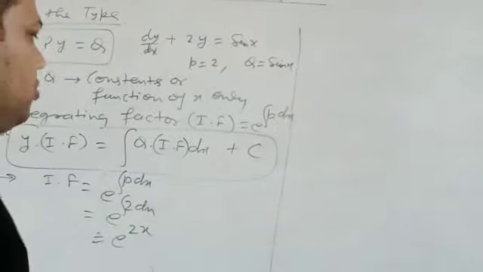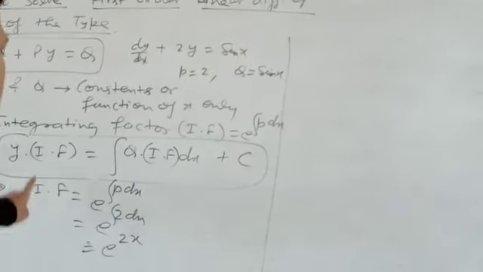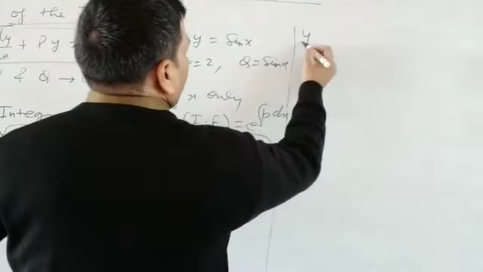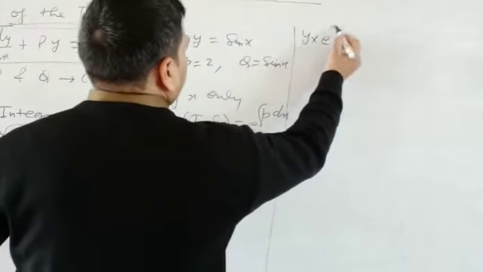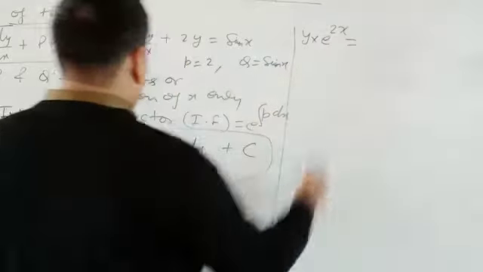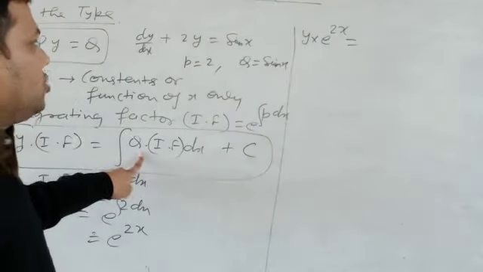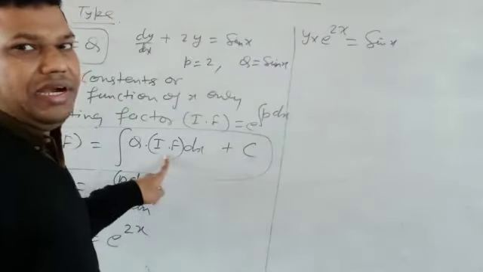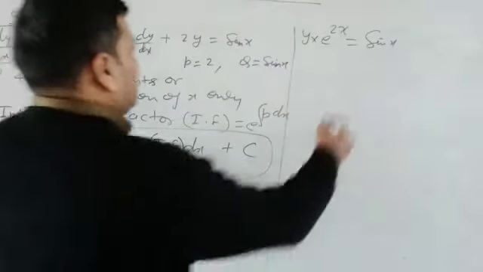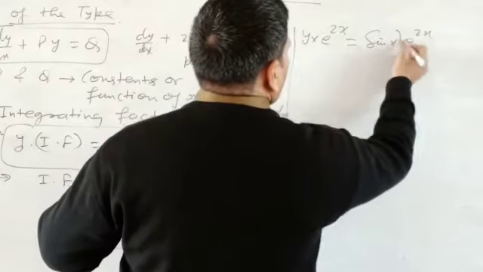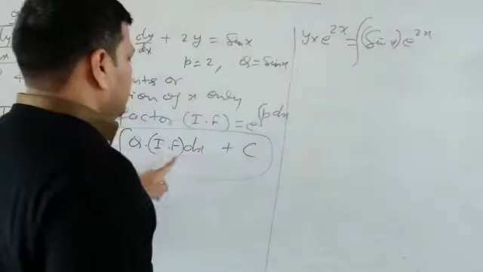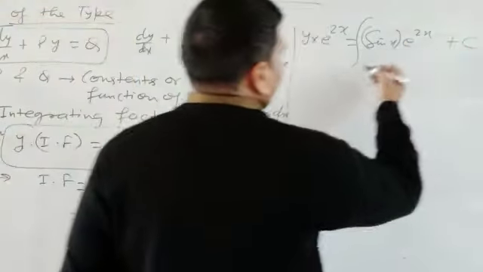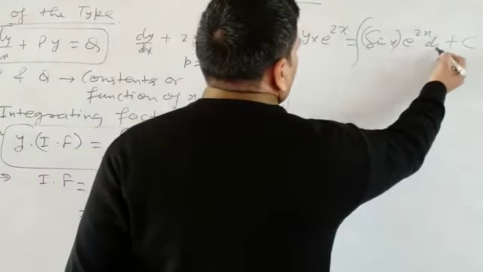So I'm going to write the solution according to the formula: y times e to the power 2x is equal to the integration of Q, that is sin x, times the integrating factor, that is e to the power 2x, plus C, and dx.